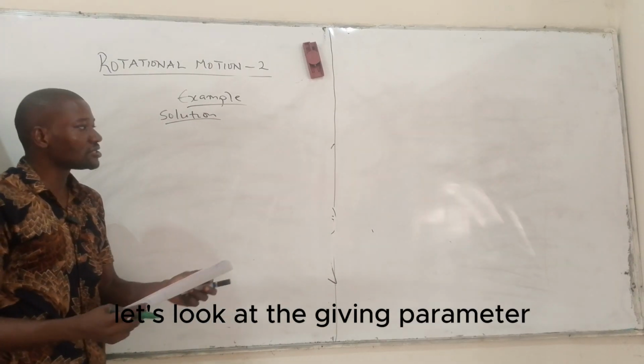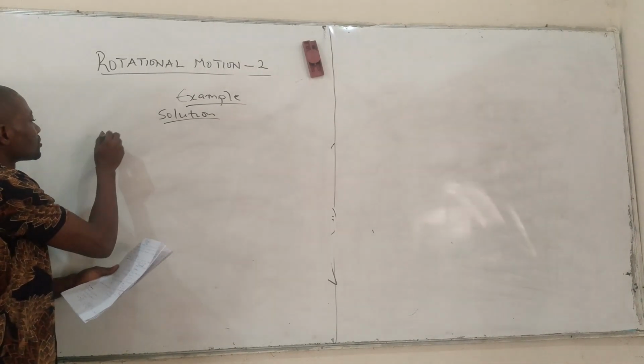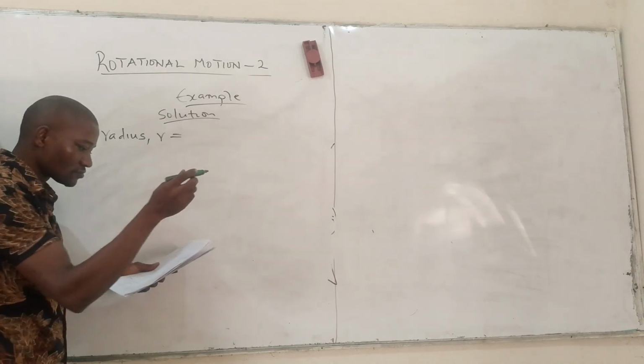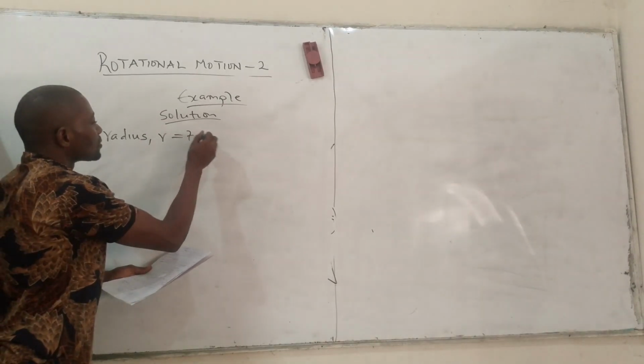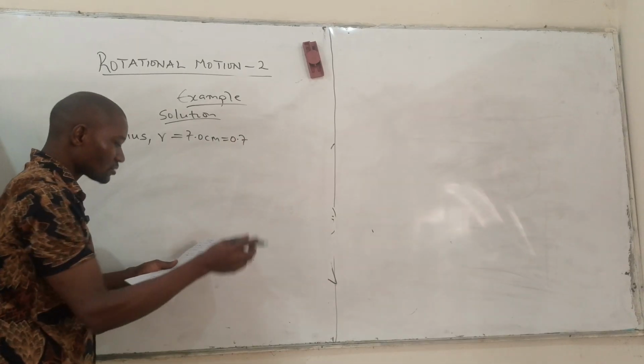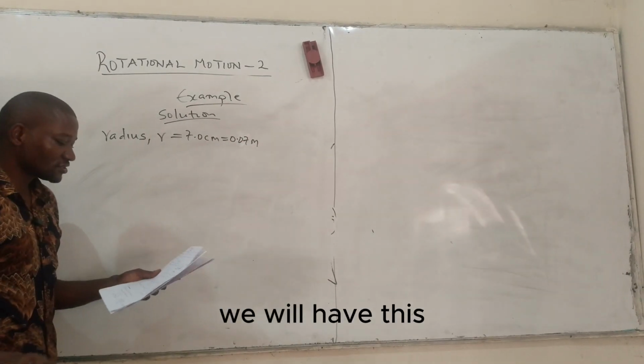Let's look at the given parameters. The radius was given. If we convert, we will have this.